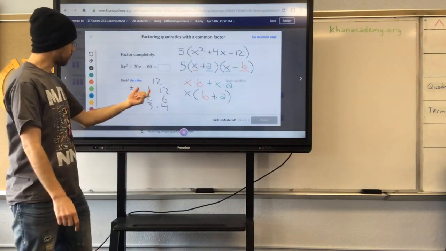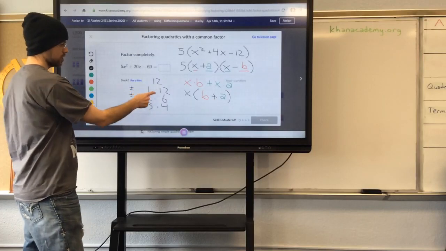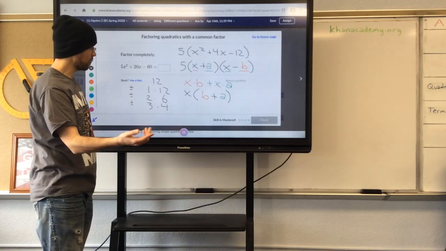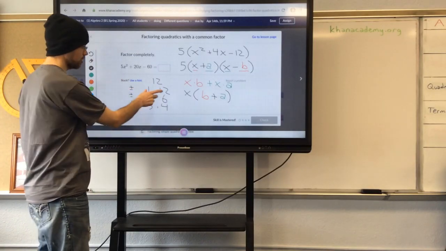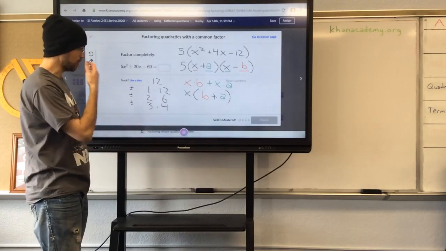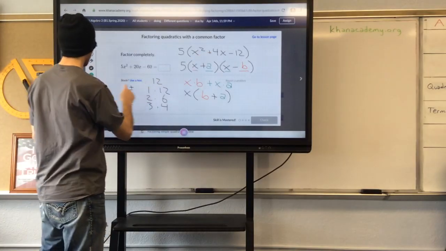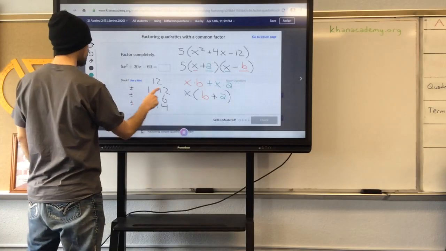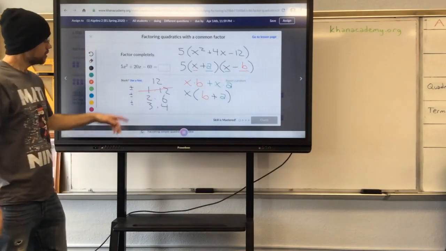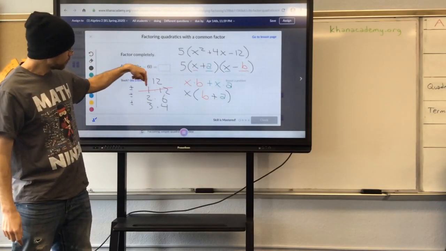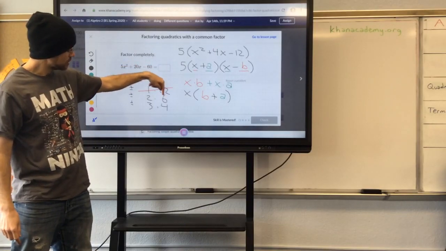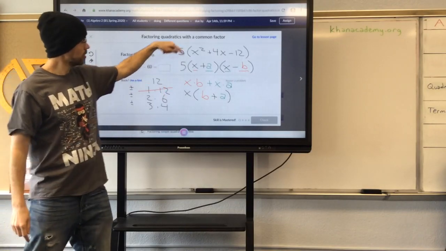So if I add 1 and negative 12, I'll get negative 11. If I reverse the signs, I'll get positive 11. So this is not going to give me a 4. So that's not okay. If I have positive 2 and negative 6, that'll be negative 4.